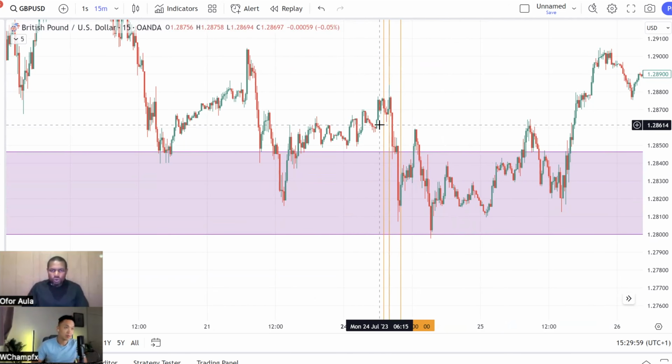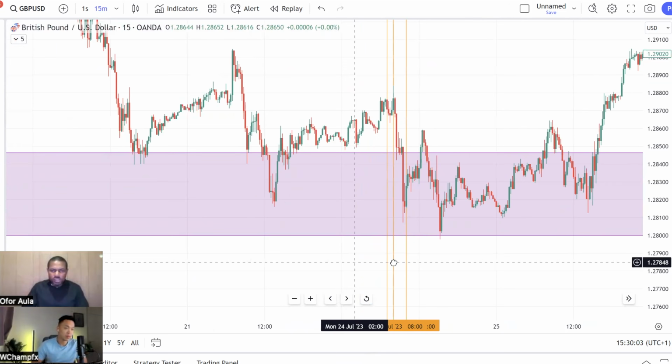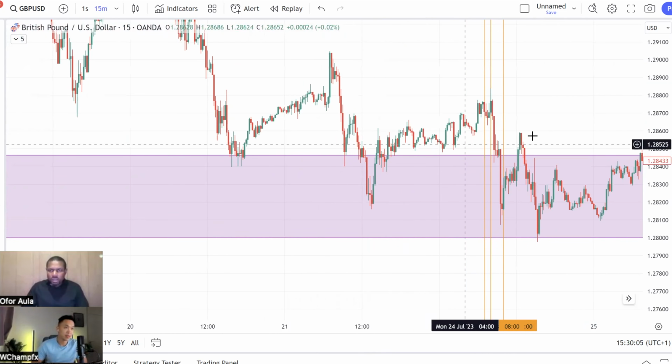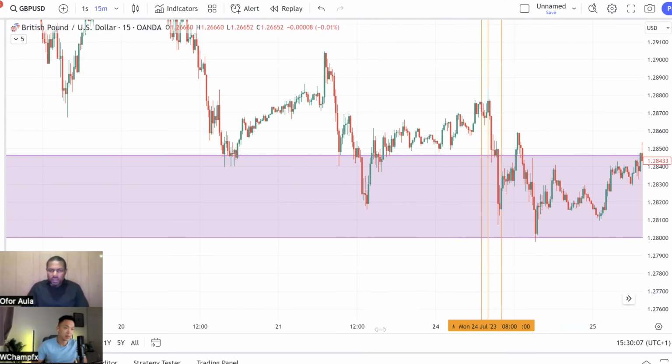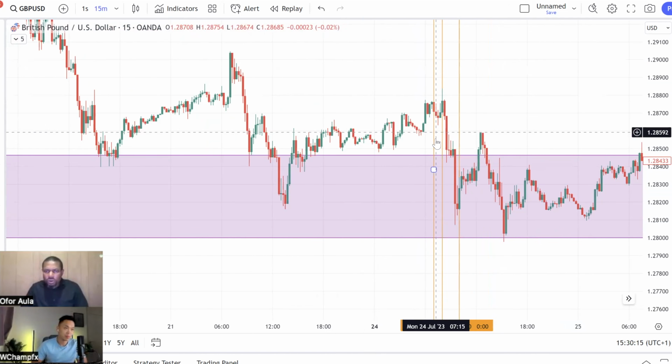So this would be the typical 15-minute chart on that particular day. And I look for swing highs and swing lows. So this will be the swing low.